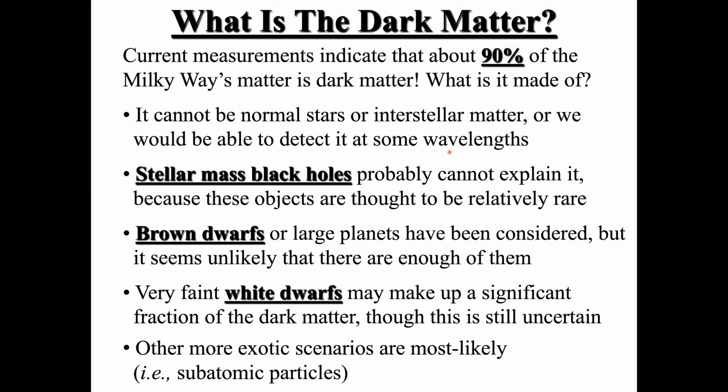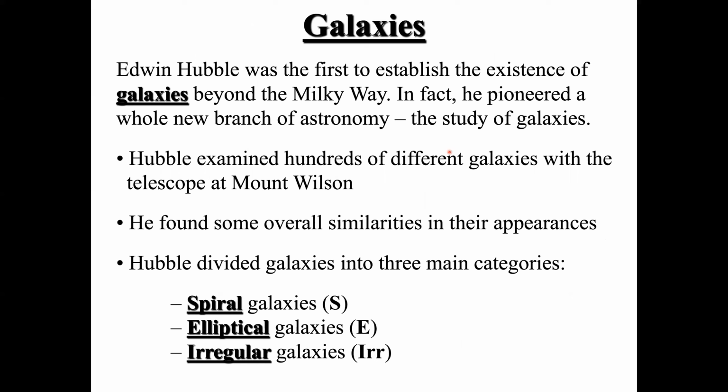And apart from that, there is a system that we use to categorize galaxies. Normally, Edwin Hubble was the first one who came up with a system of categorizing galaxies. He examined hundreds of different types of galaxies with his telescope.